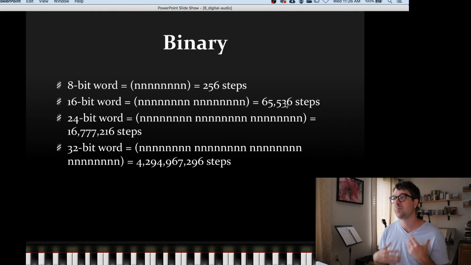So this is why computers are so powerful. If you make bit words longer, you get exponential growth in what the computer can handle. A 24-bit word is 16 million, and so on. So this is really important for digital audio, and this binary counting, these bit words, go into one aspect of digital audio called quantization.